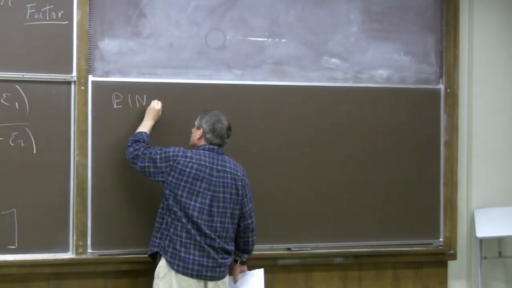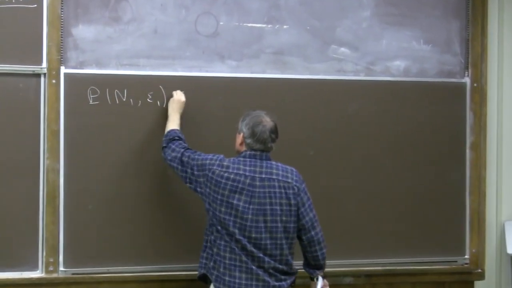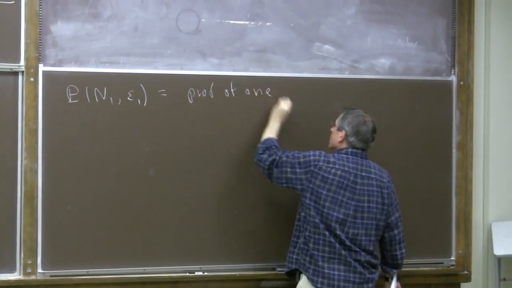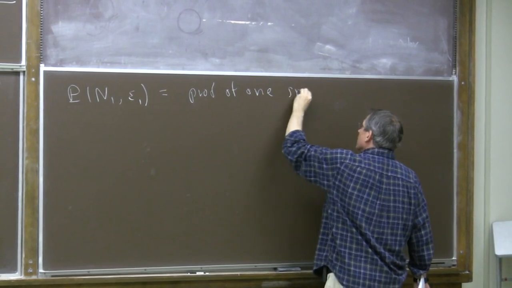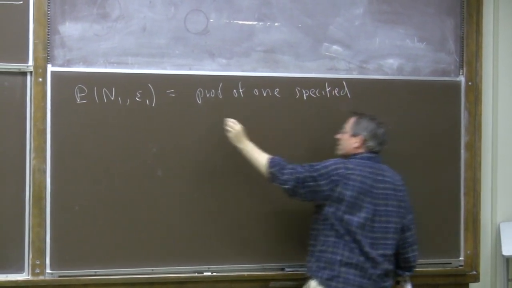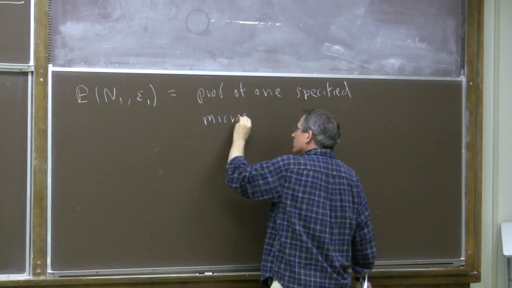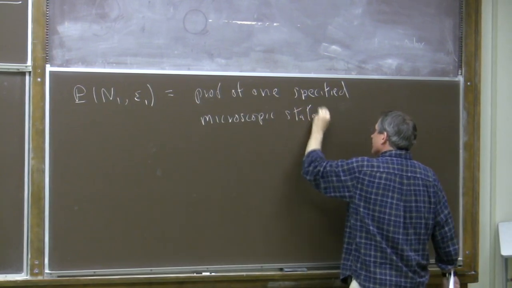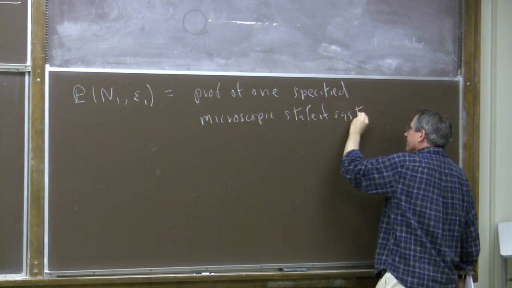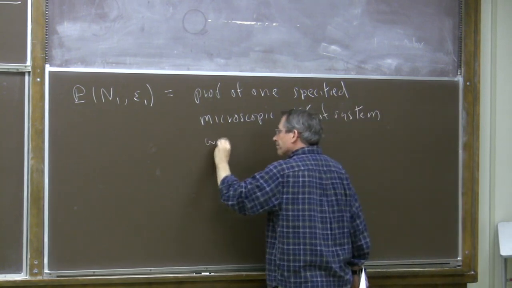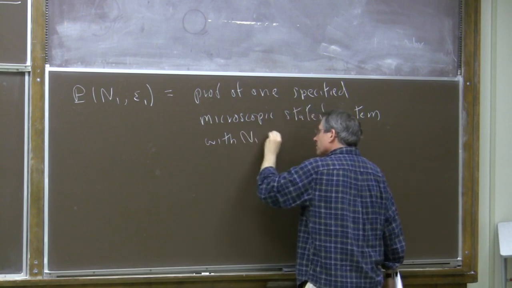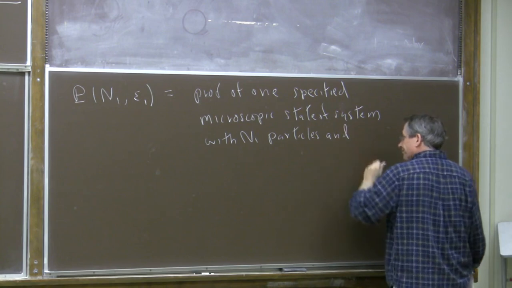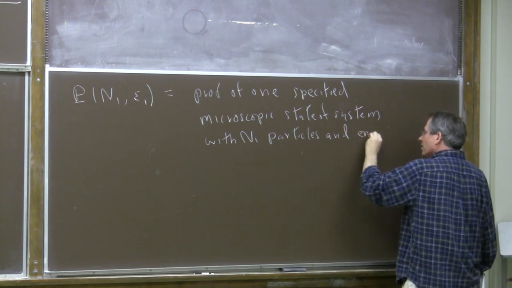So P of N1, E1 equals the probability of one specified microscopic state of the system with N1 particles and energy E1.